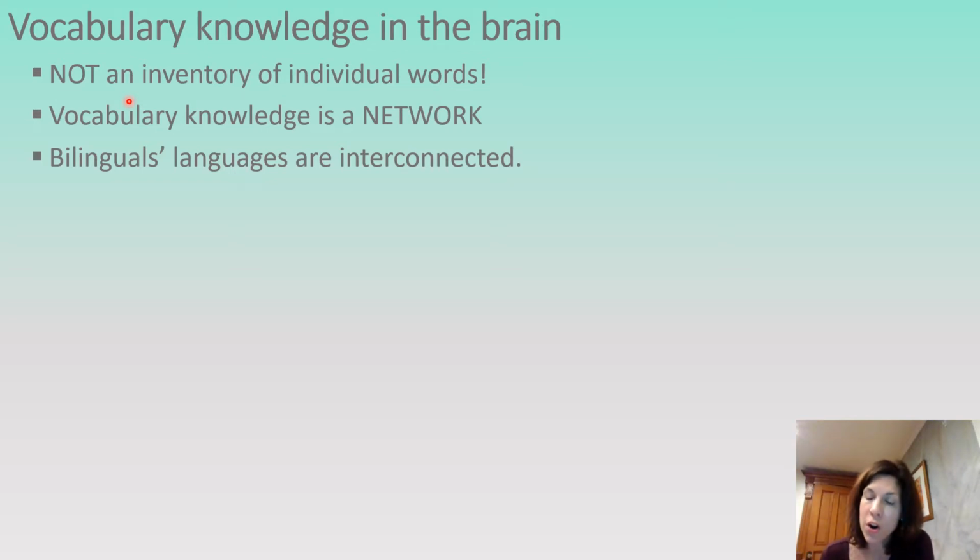And research has very much shown, robustly shown, that bilingual languages are interconnected. So if your student is learning the word fruit, okay? And you start talking about fruit and everything about fruit, that student is going to make a connection to the word and the concept of fruit in their home language, okay?